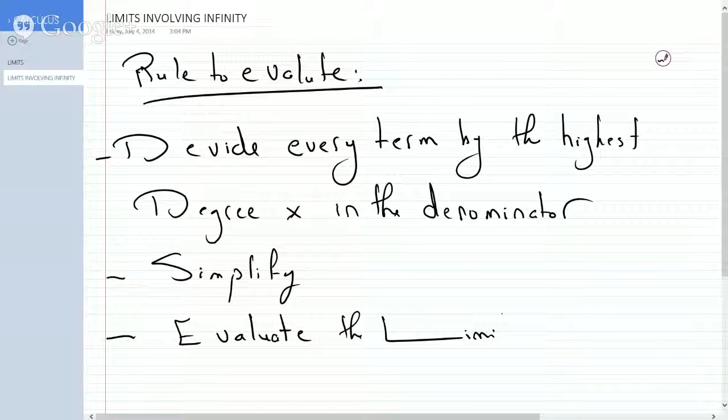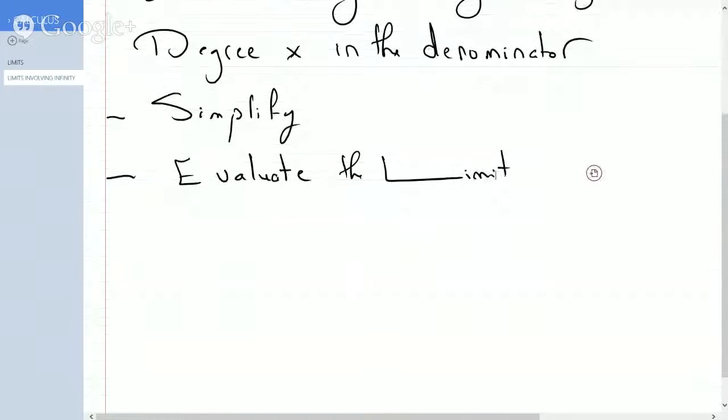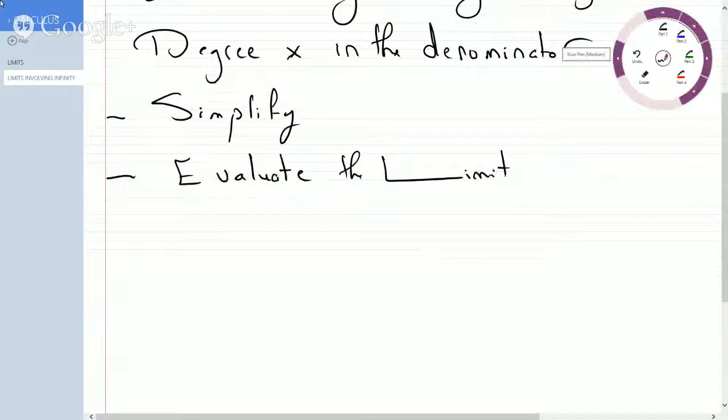Does it make sense what I'm saying? Let's go to an example because it's easier to understand that way.